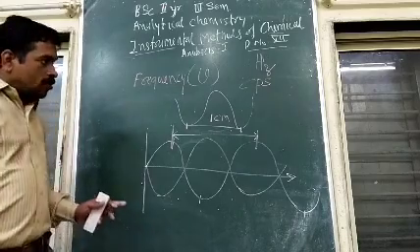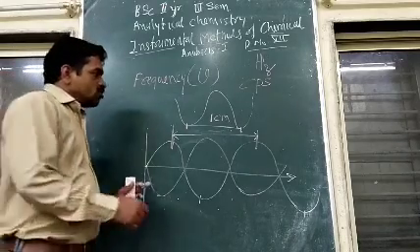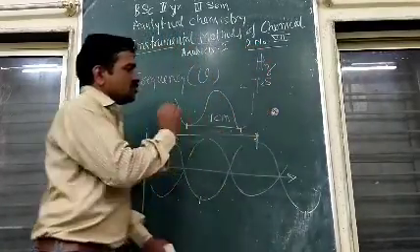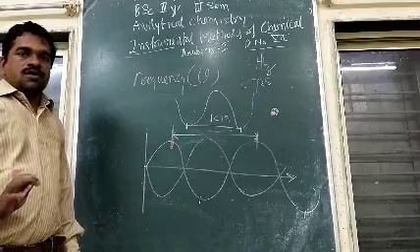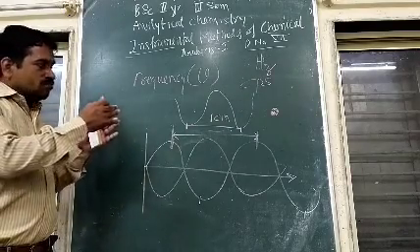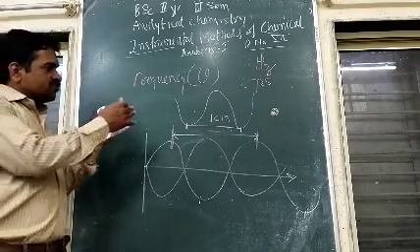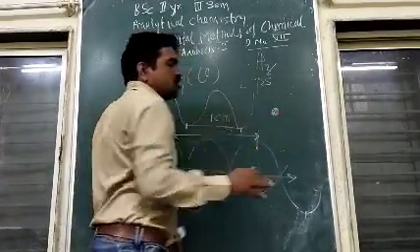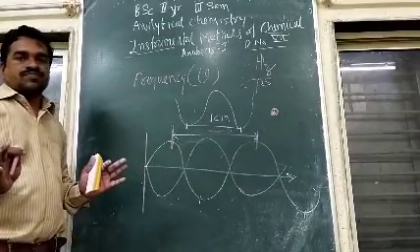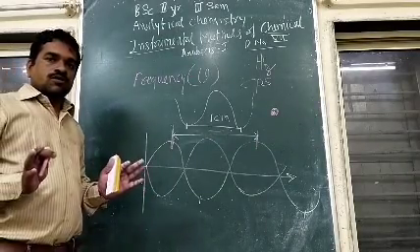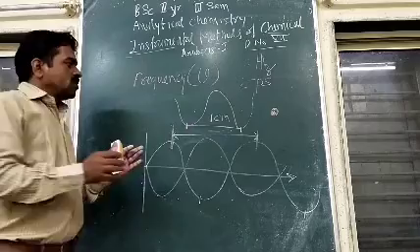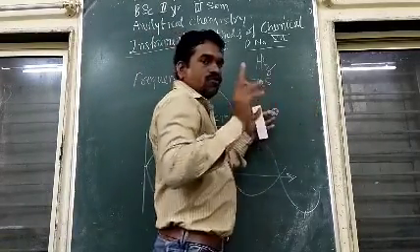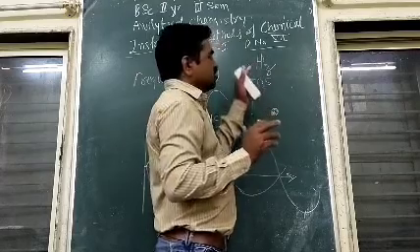Okay. Now for frequency, suppose we take this as 1 point. We have to measure how many such waves, of 1 centimeter length, pass through this point in 1 second. That is the frequency. Suppose this 1 centimeter wave passes through this point only one time in a second, then the frequency is 1.